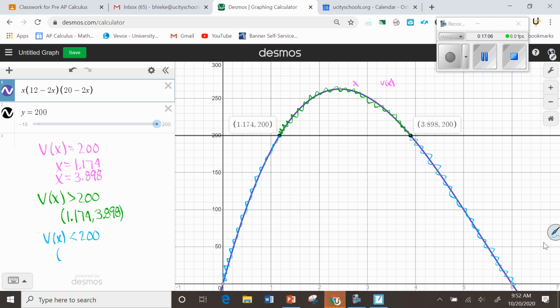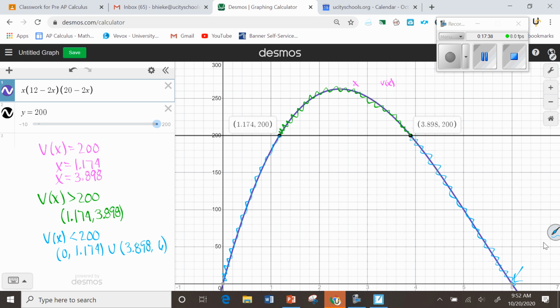This definitely starts at 0, and it's not equal to 0 because if I didn't cut any square, I don't have a box. And then on the other side is 3.898. And then this ends, it definitely has an ending point. It's not to infinity. The biggest size square this has is 6.